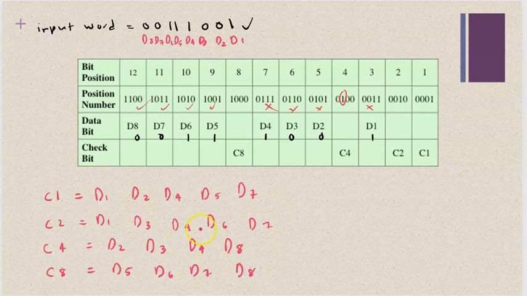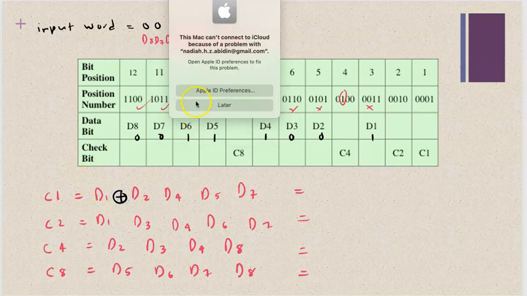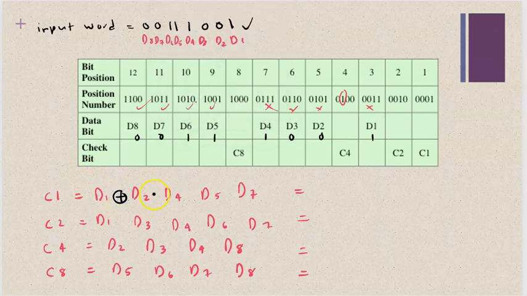Now this equation, how do we find out what is the bit assigned to these check bits? You need to use the XOR. You need to use the XOR gate to find out. So this is the symbol for XOR. Let me try to write it first.